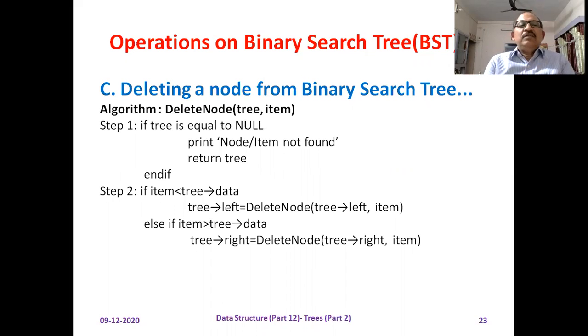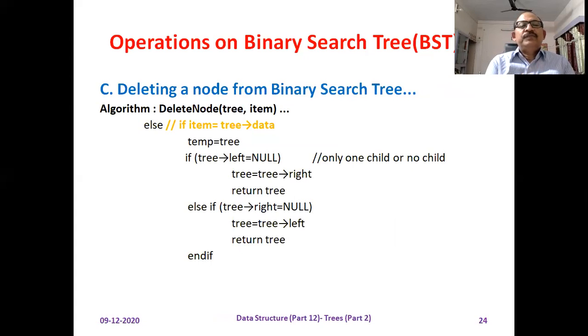We recursively call delete node with parameters tree left comma item. Else, if item is greater than tree data, we set tree right equal to delete node tree right comma item. Is it clear?